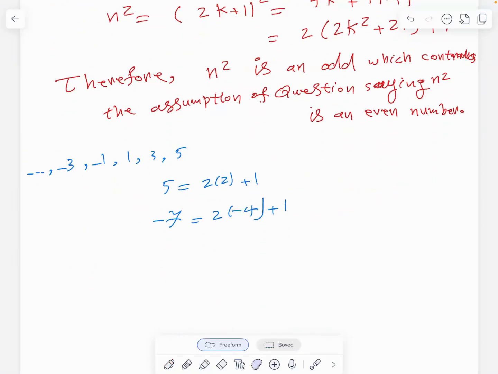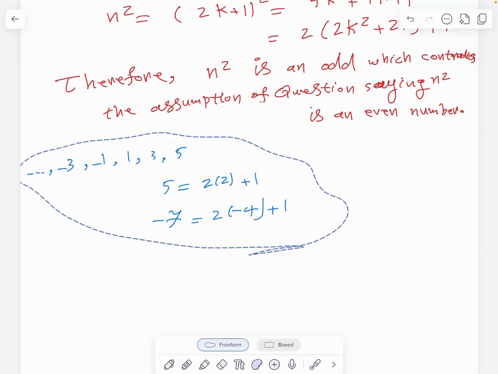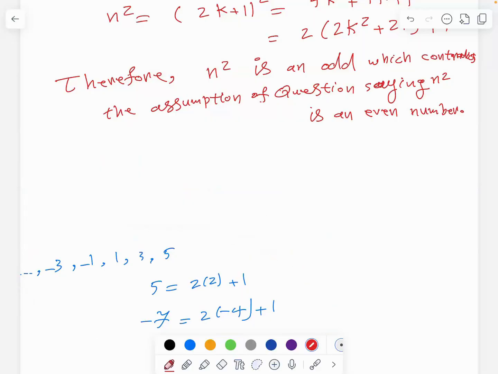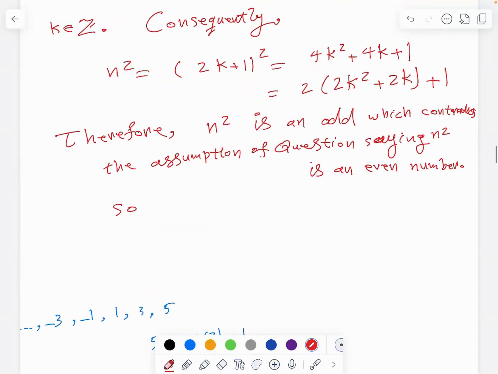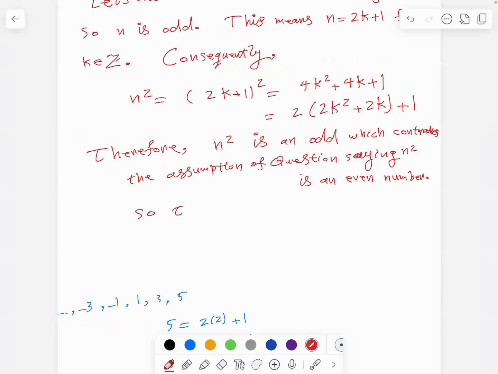So the contradiction assumption is not correct.